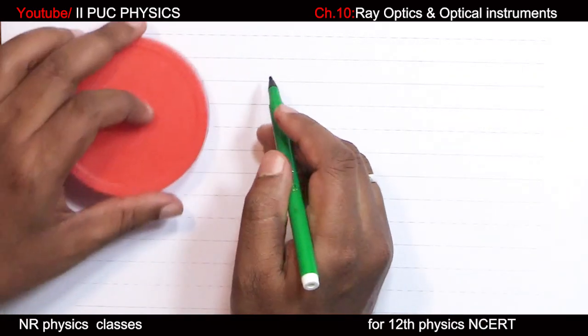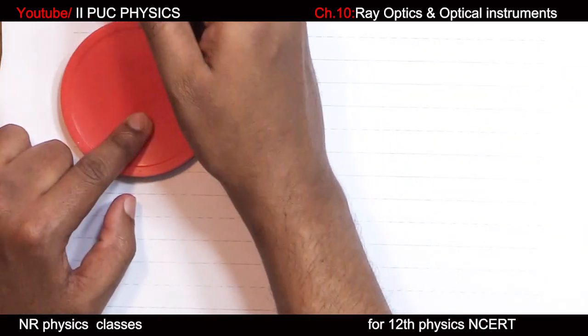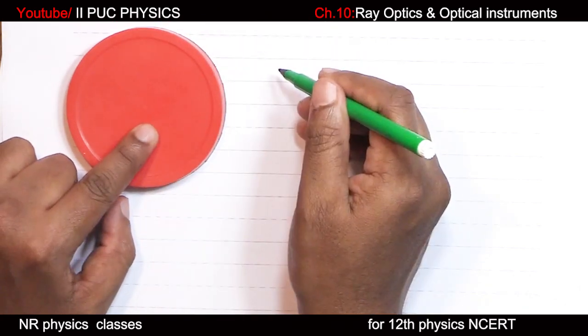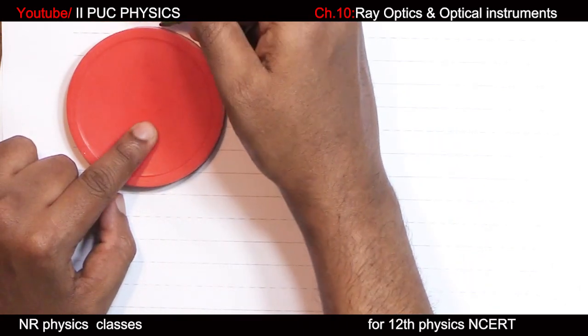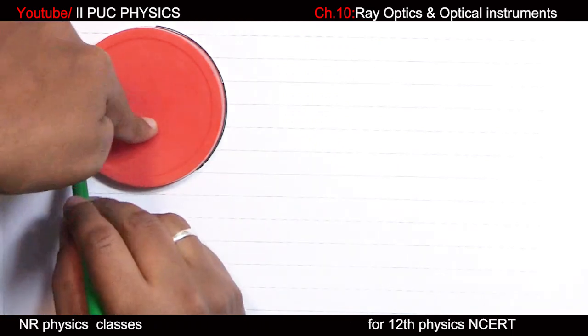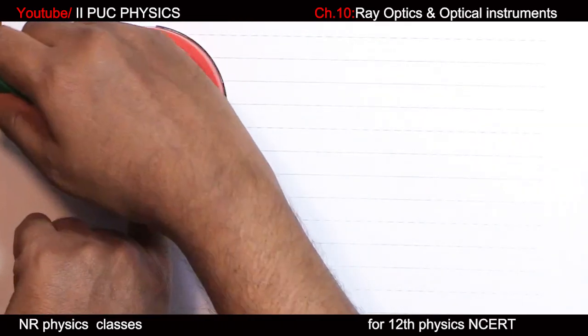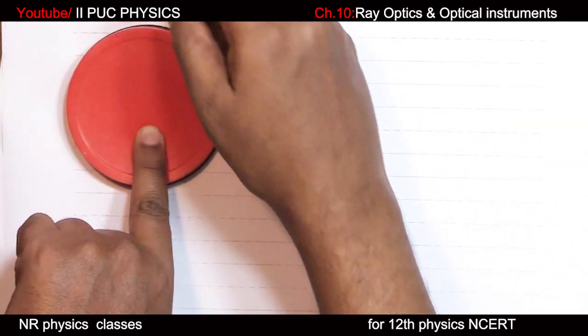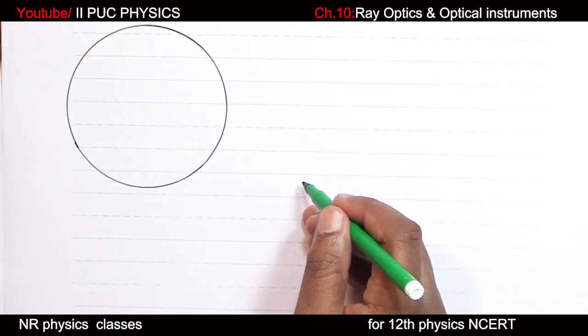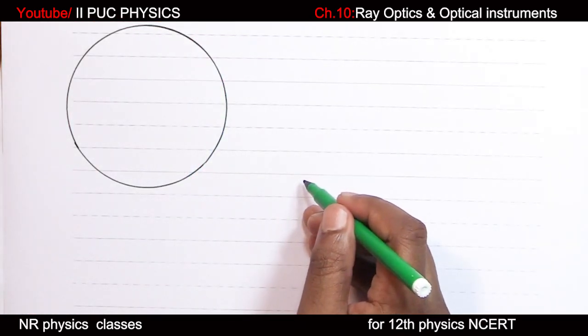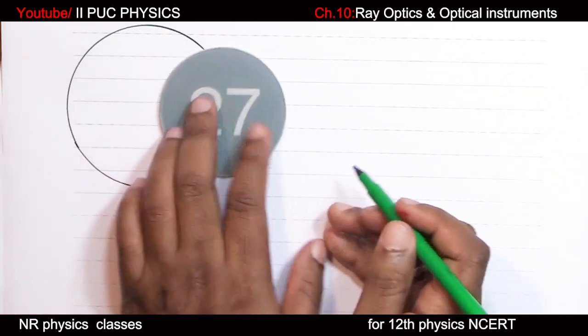For example, this is a sphere. This is another sphere.